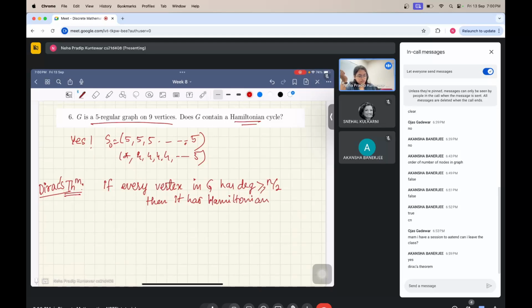So in this case, n is 9 and the degree of each vertex is 5, which is clearly more than 9/2. Therefore this condition is satisfied, and you can conclude that yes, the graph does have a Hamiltonian cycle.